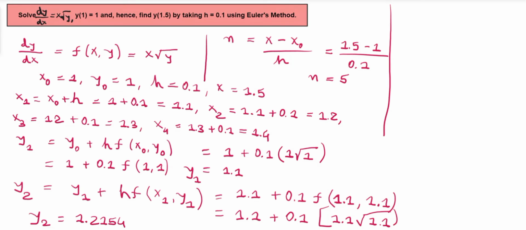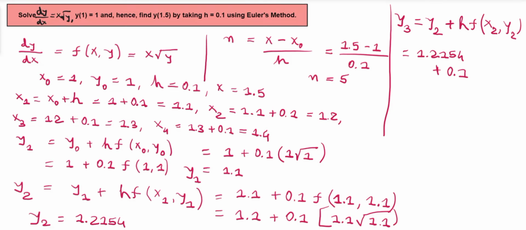Same way we'll find y3. As we have 5 steps, we have to go till y5. y3 will be y2 plus h f(x2, y2), and x2 is 1.2. My y2 I have got as 1.2154 plus h is 0.1 into f(1.2, 1.2154).